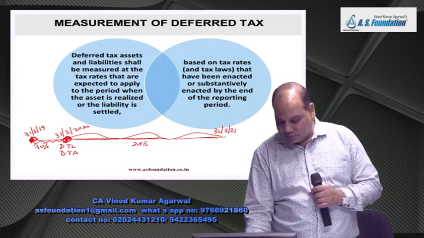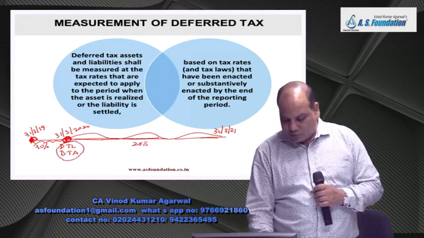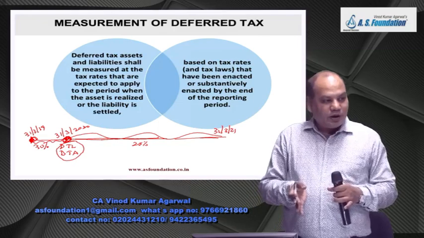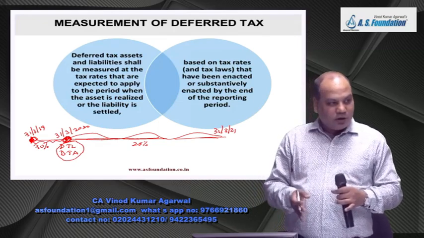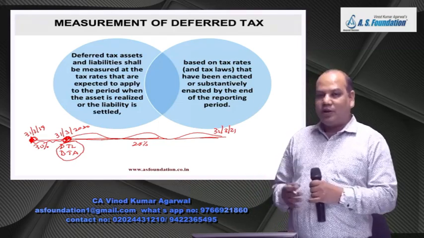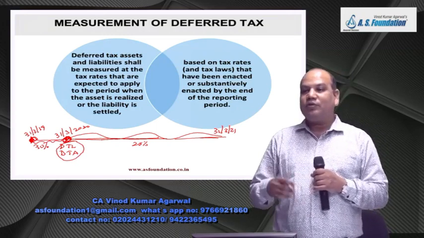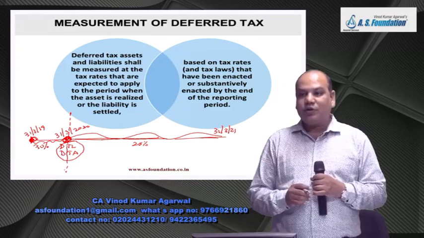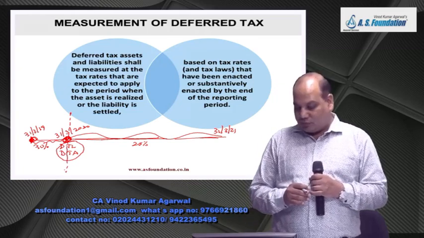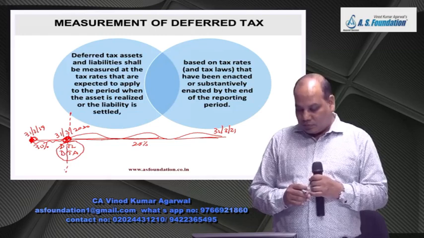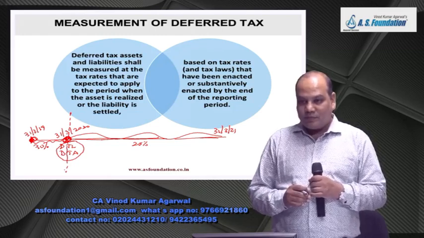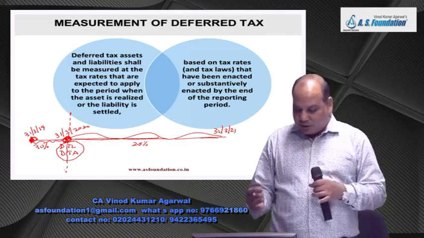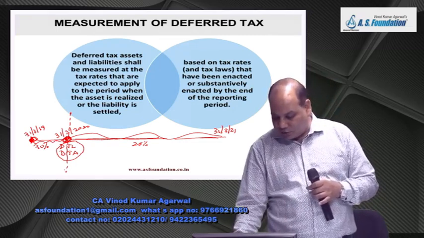So my question is whether DTL will be recognized using the 30% tax rate which is applicable for the current year, or the 25% tax rate which is applicable for next year. We are doing accounting at this point, 31st March 2020. Deferred tax will be at 25%, and current tax at 30% because it is for the current year. But deferred tax will be for next year.